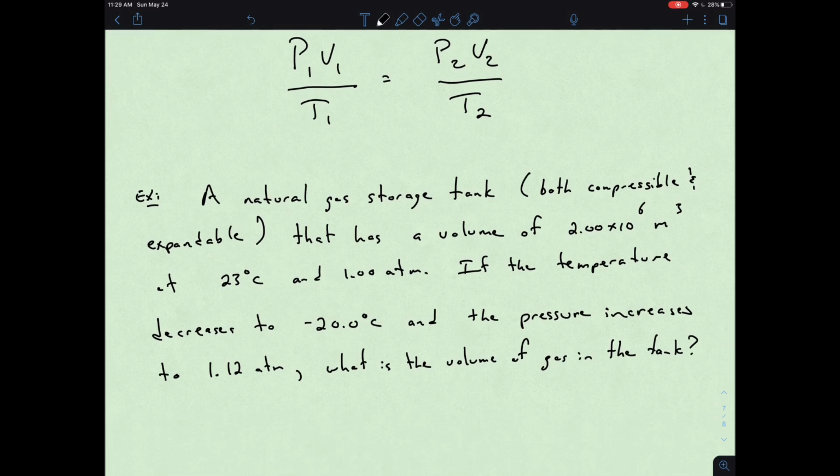So there's our combined gas law type of question.